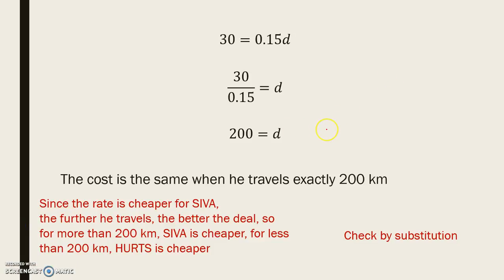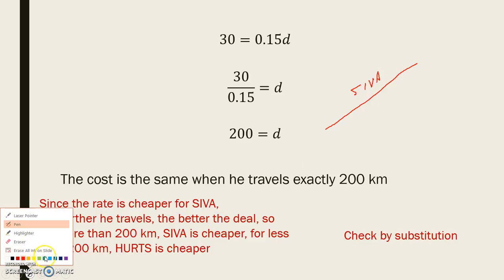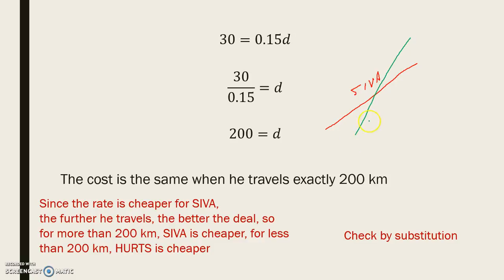So if we were to graph this information, which we'll look at later, SEVA looks like this. Hertz might look like this. And this is your cost going this way.